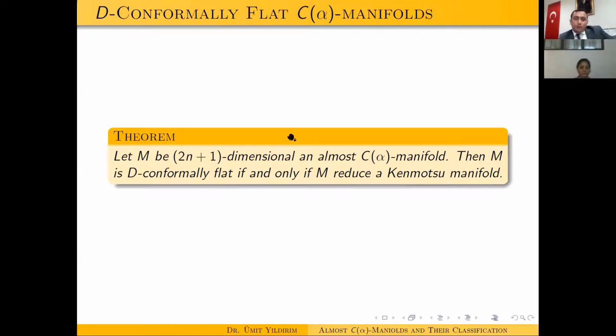C alpha manifolds reduced before to projective, real space form, Einstein manifolds, phi sectional curvature C and the like. And this theorem: M is conformally flat if and only if M reduces to a Kenmotsu manifold. C alpha manifolds, general case Kenmotsu, Kaehler, Sasakian manifolds, this theorem reduces to a Kenmotsu manifold.